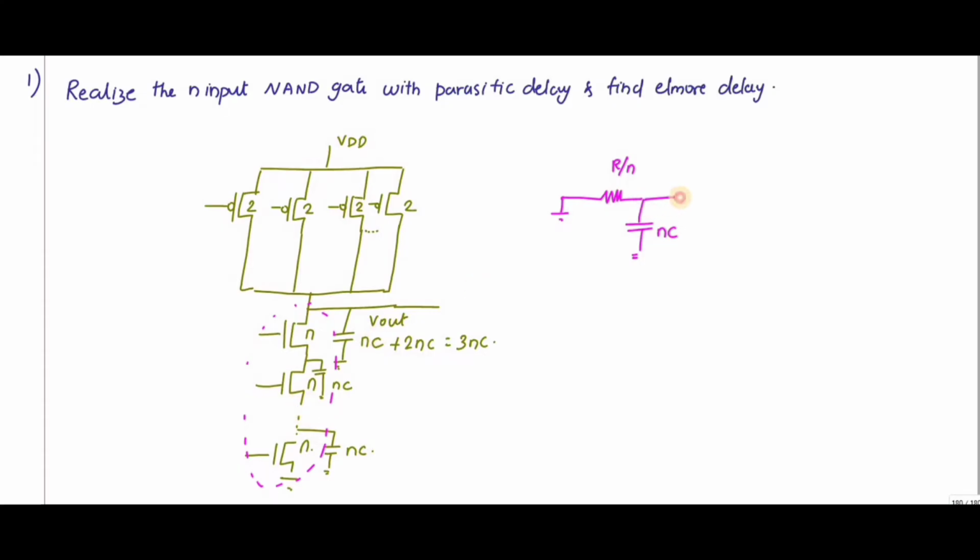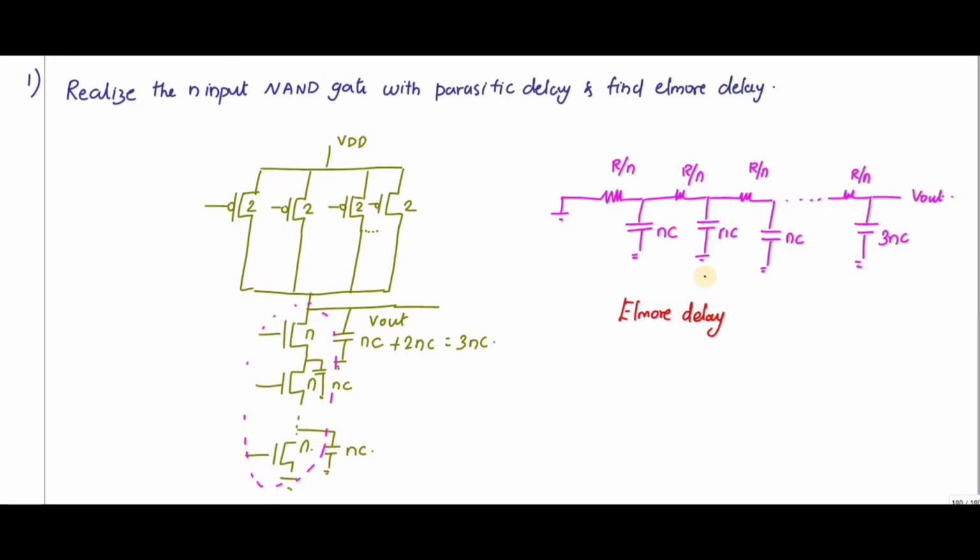After that another transistor R by n and nC, and it goes on till the last R by n. The output is 3nC. This is my Vout. For this, you have to find the Elmore delay.